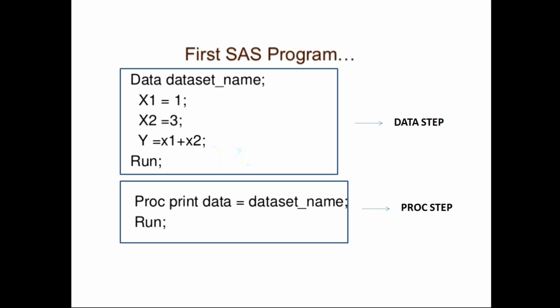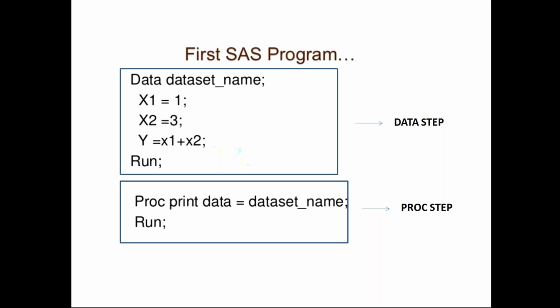So this is a simple SAS program to give you an idea of how the data step and proc step look. The top program is basically the data step, with this SAS data set. I'll talk about the syntax later; this class is only to give you an idea, and I'll talk about each part of the syntax later, so that you can make your understanding solid.